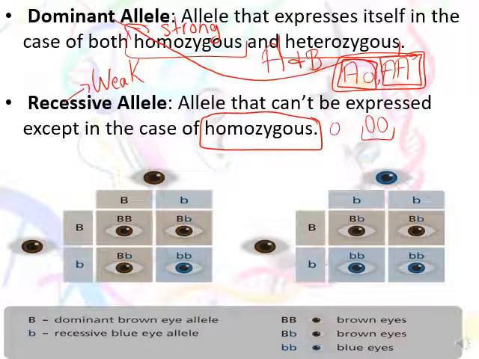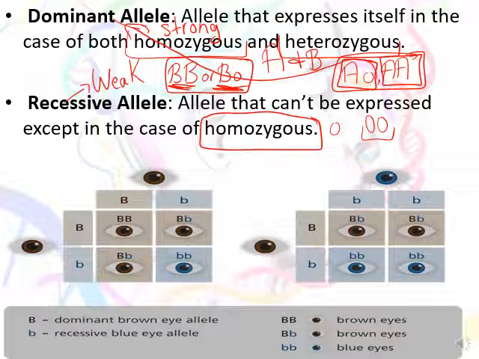The same goes for blood group B. It can be BB or it can be BO, and both give blood group B. Here the case is homozygous, and here the case is heterozygous.